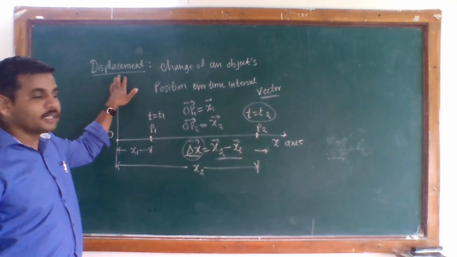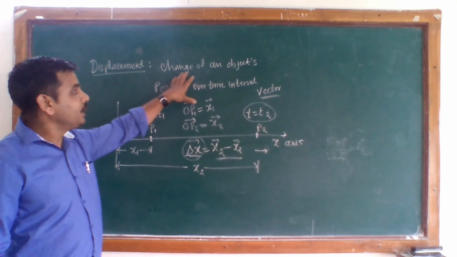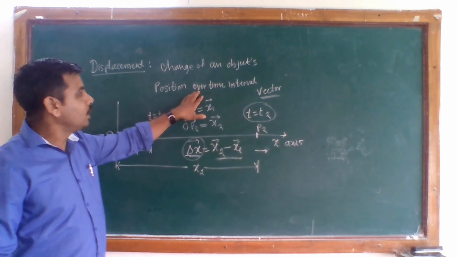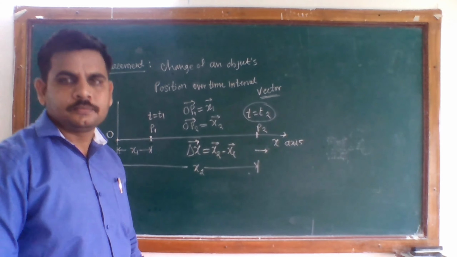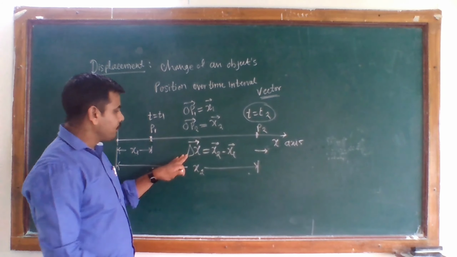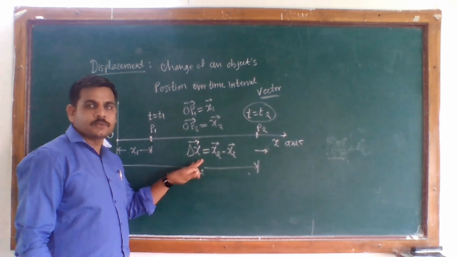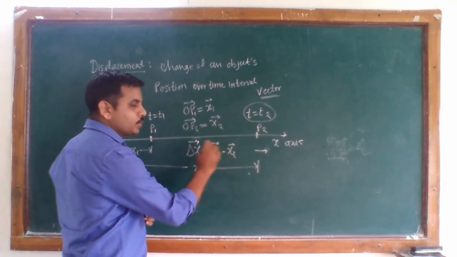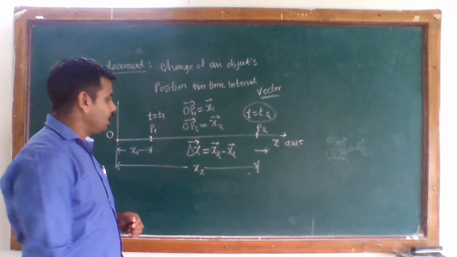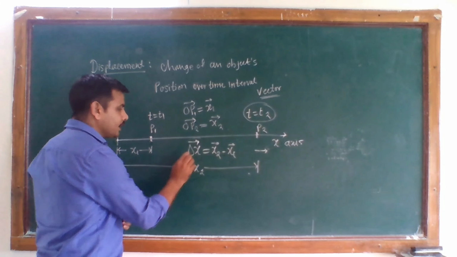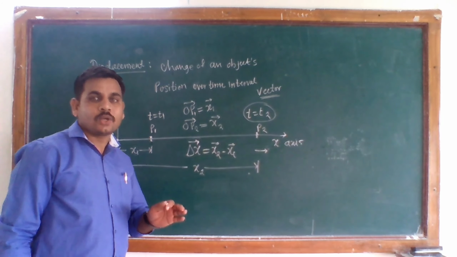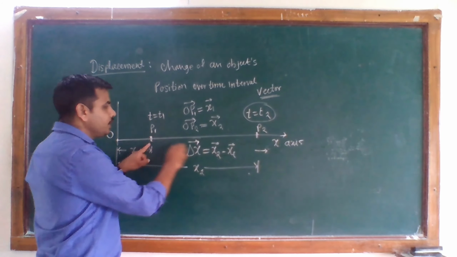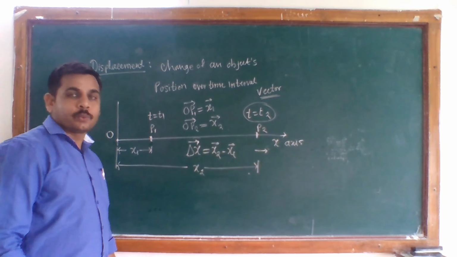So displacement is defined by the change of an object's position over a time interval. This difference delta x gives us the displacement vector, which is x2 minus x1, where delta is used for the change of that quantity. Basically this is the change in your position vector.